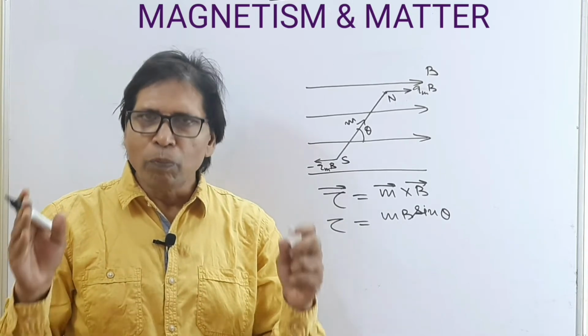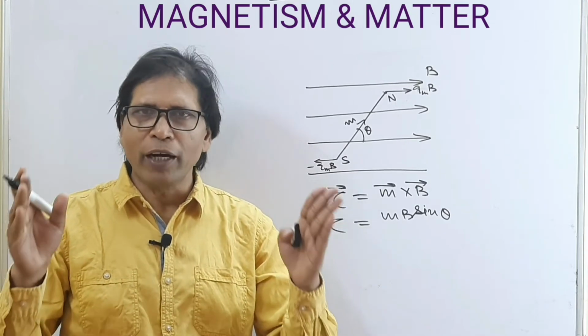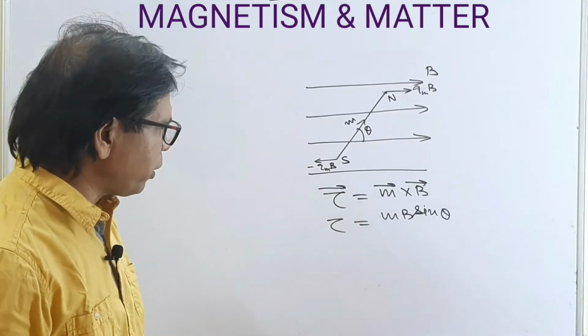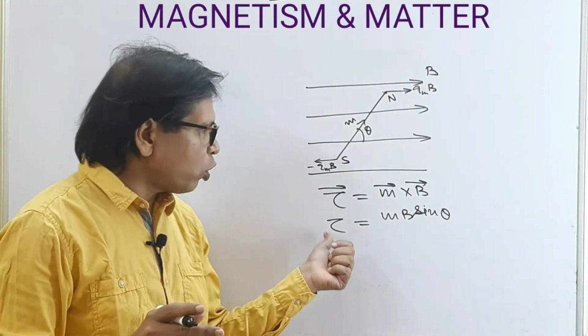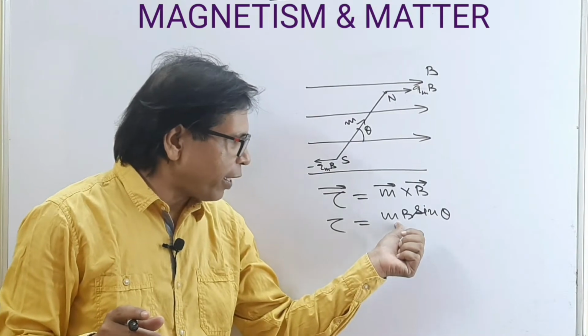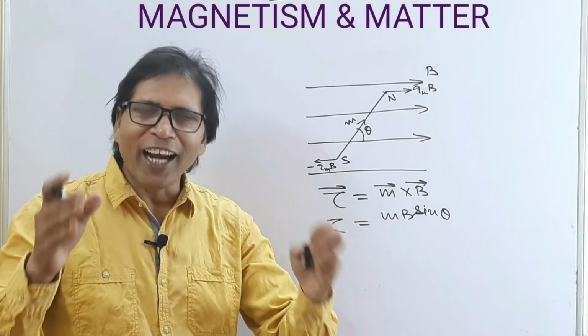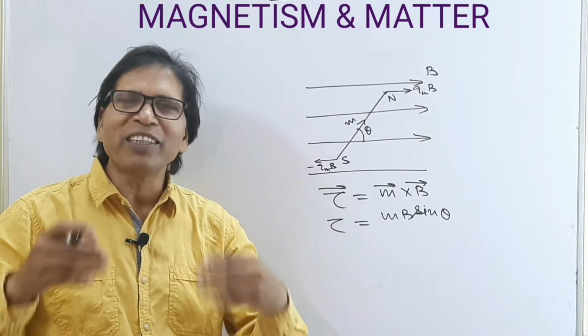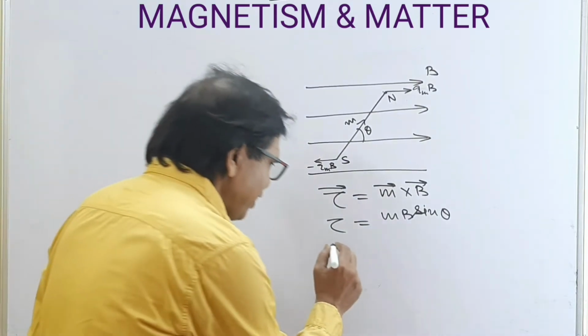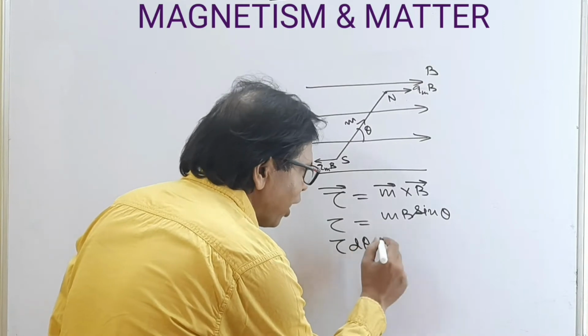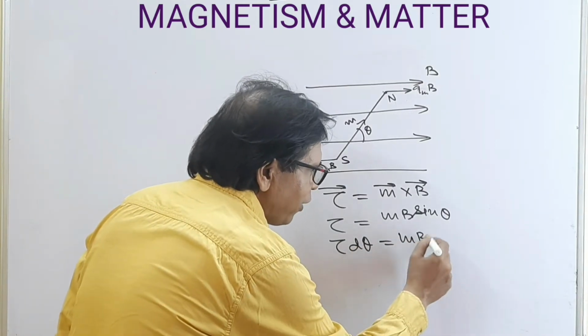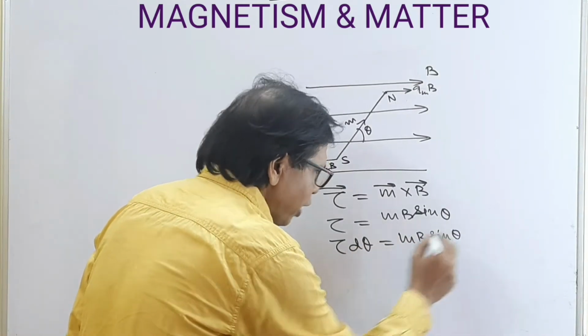Okay, now the potential energy of the dipole in this magnetic field. The torque experienced by the magnet is mB sin theta. Work done to turn it from theta to theta plus d theta is tau d theta, so this is mB sin theta d theta.